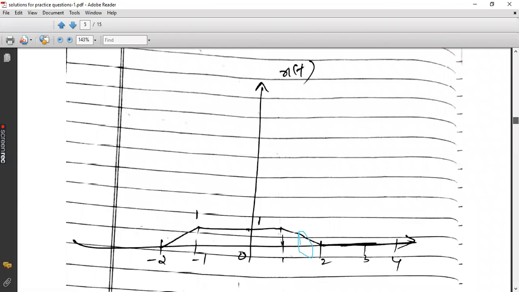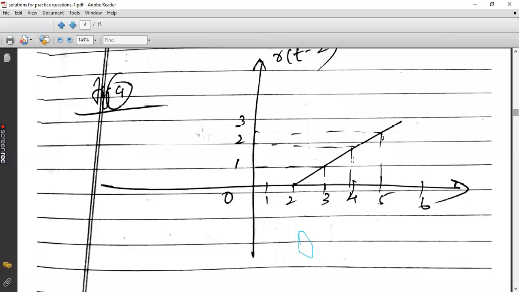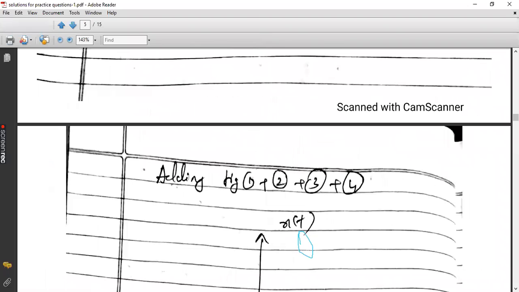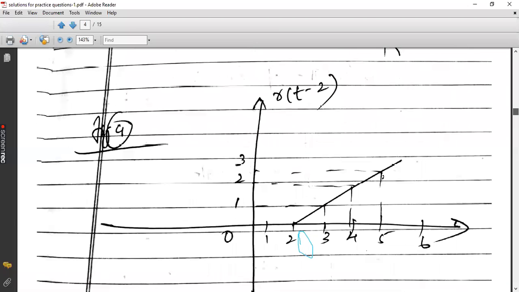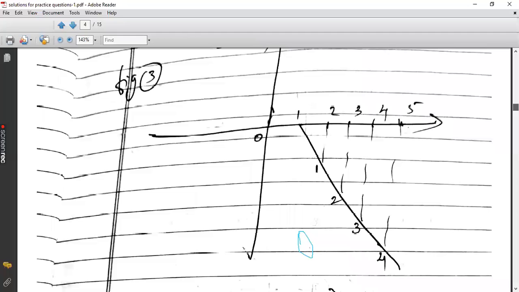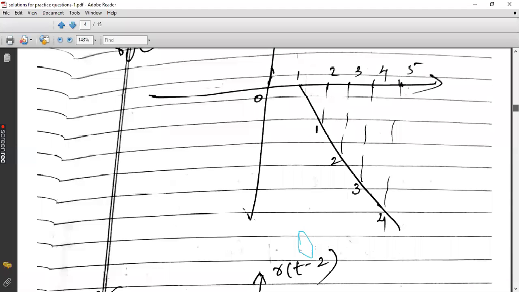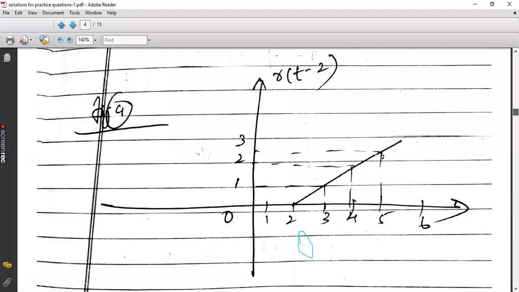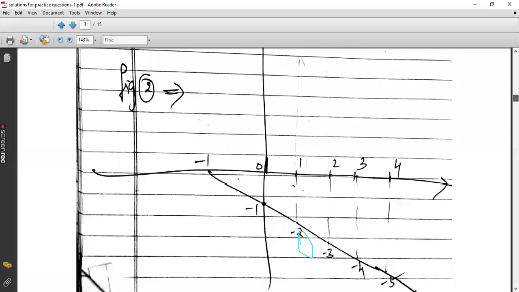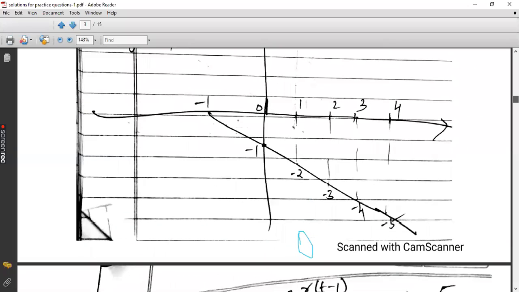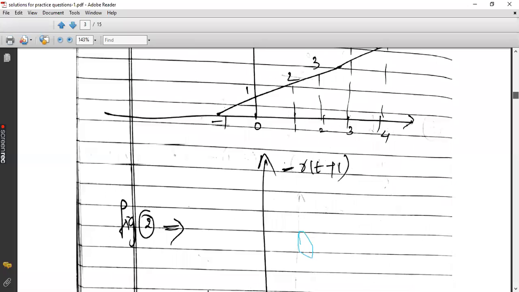From 2 to 3, here it is going up. Amplitude is 1. Here it is going down. Amplitude is -1. So when you add these two, it will cancel each other. Here the amplitude is -4. 2 to 3 means -4.